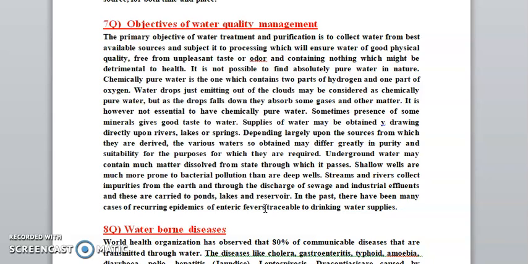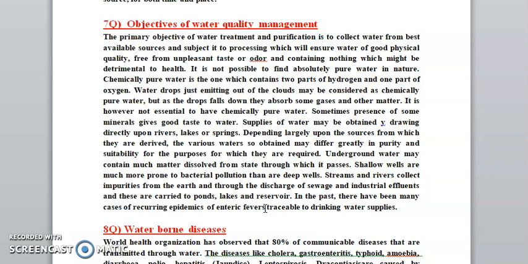Underground water may contain much matter dissolved from the strata through which it passes. Shallow wells are much more prone to bacterial pollution than deep ones. Streams and rivers receive impurities from the earth through the discharge of sewage and industrial effluent, and this is carried to ponds, lakes, and reservoirs.